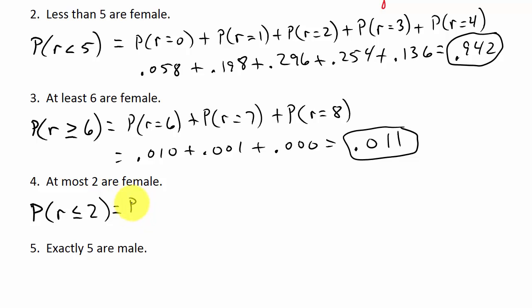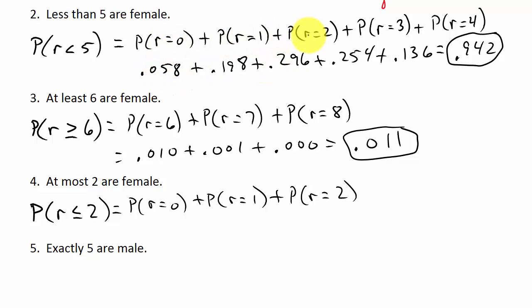So that's the probability that r equals 0, or the probability that r equals 1, or the probability that r equals 2. Okay. Now we can go back to the table and look it up, but you know we've done that, and I already have r equals 0, 1, and 2 up here.